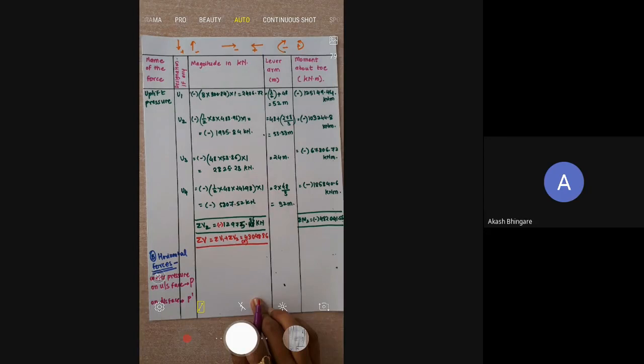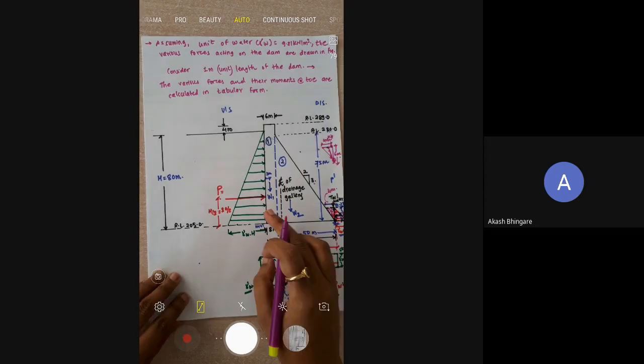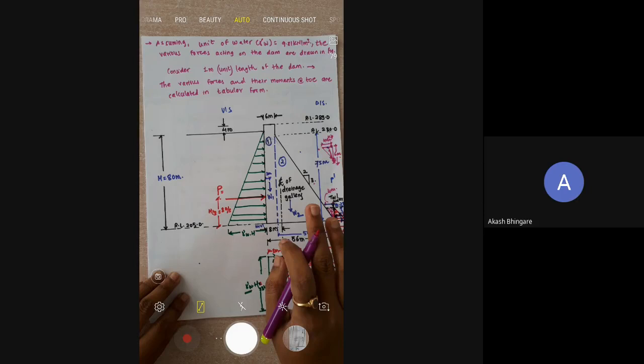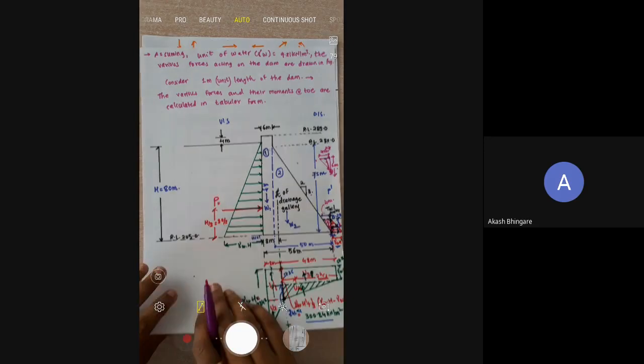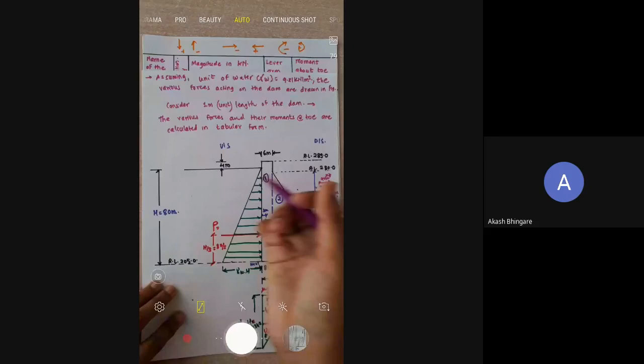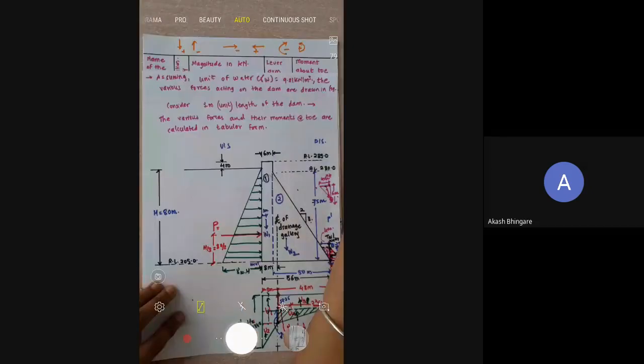Now you can see over here, this is a horizontal force. No doubt for calculation of this force we are just doing the area under this diagram. Now this force is acting towards the dam, that is towards the right side, right? So therefore its sign will be plus or minus?